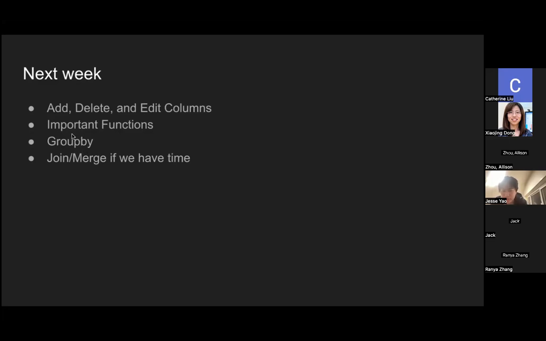You've probably even heard Professor Xiaojing talk about this quite a bit, because this is literally, if not the most important idea or function of tables, of data frames. And then I'll talk about joins and merges next time if we have time. This also turns out to be quite complicated because there are 4 different types of joins you can do, but intuitively it's just putting 2 tables together.